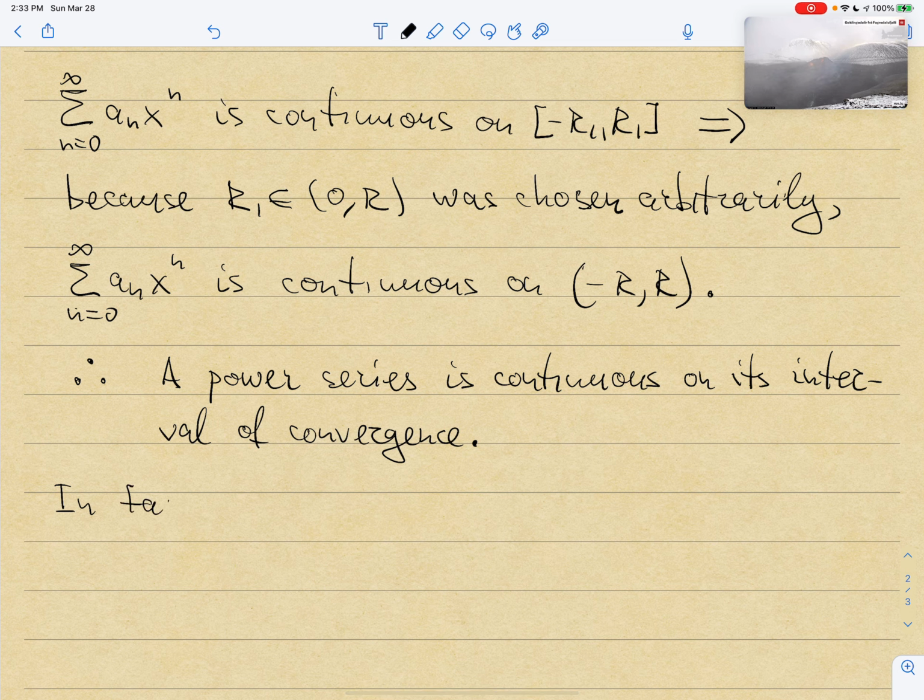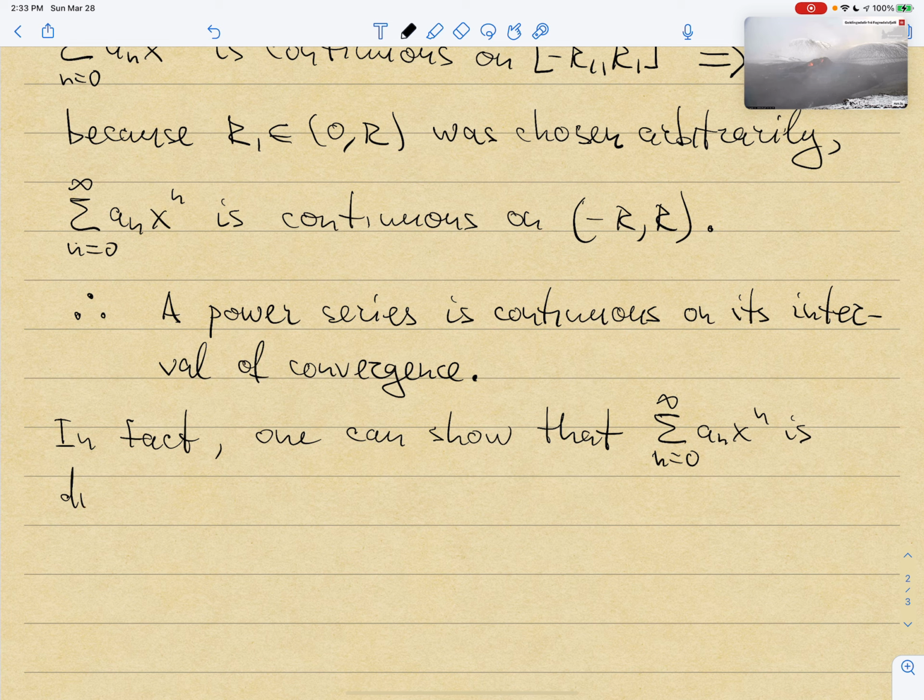One can show that the power series is not only continuous, but it's also differentiable.